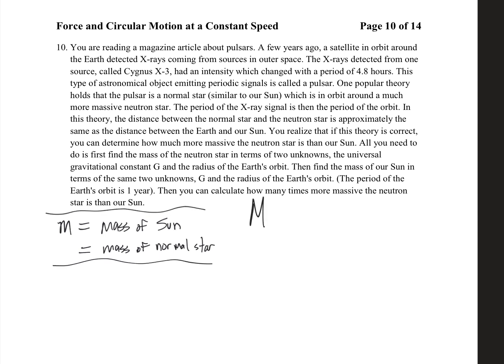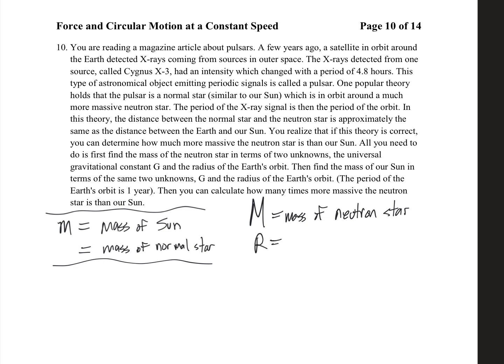We'll call big M the mass of a neutron star, because a neutron star, even though they're smaller physically than other stars, they're just really high density and have often hundreds to thousands, millions of times more mass than a regular star. Okay, so we'll give it the big M because its mass is going to be much larger typically.